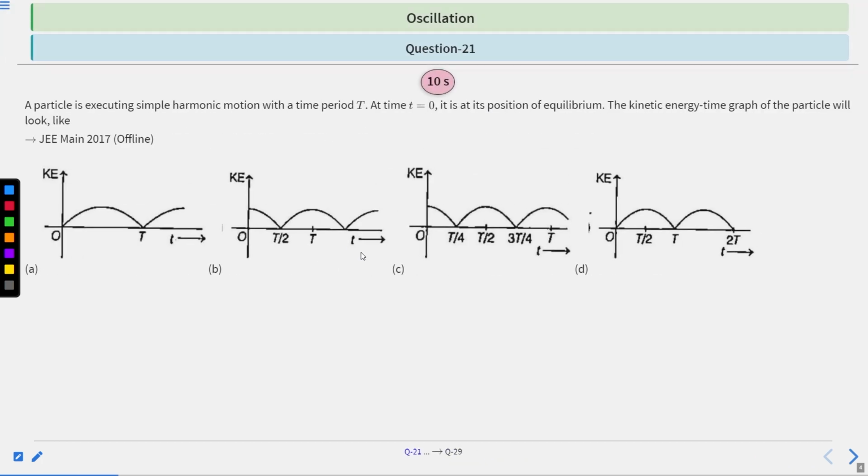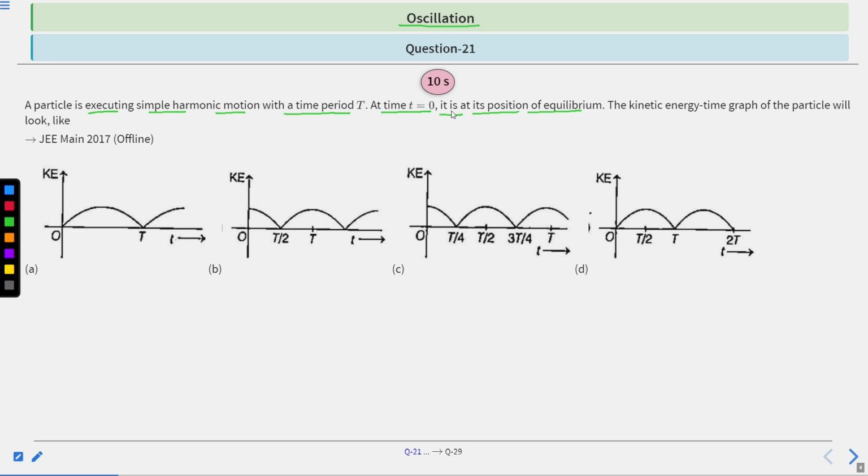So, question 21. Topic is oscillation. A particle is executing simple harmonic motion with a time period T. At t equal to 0, it is at its position of equilibrium.